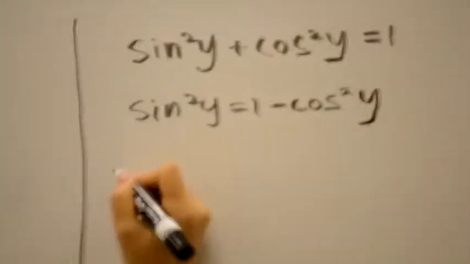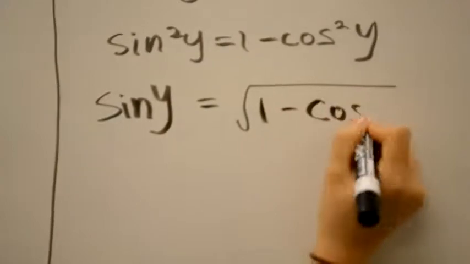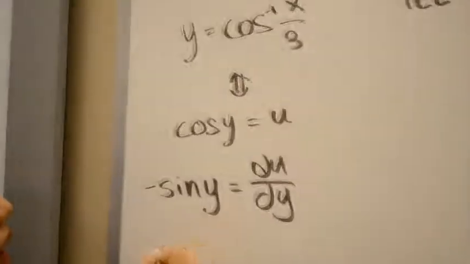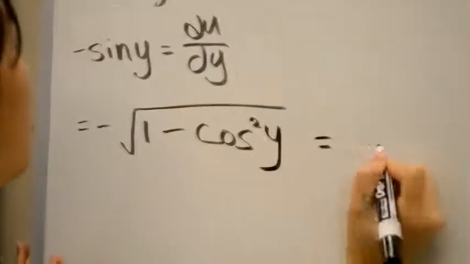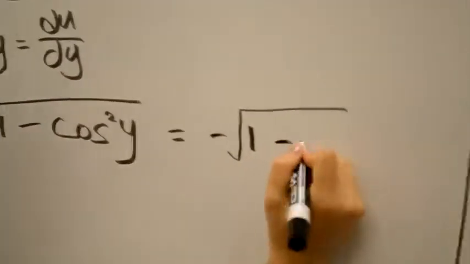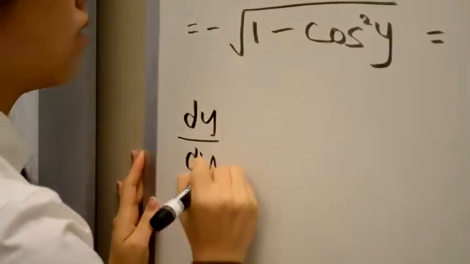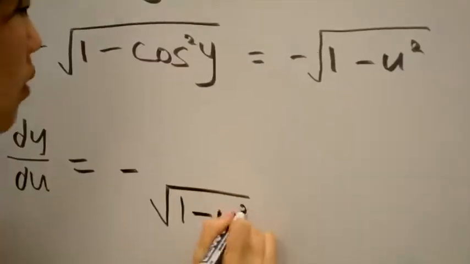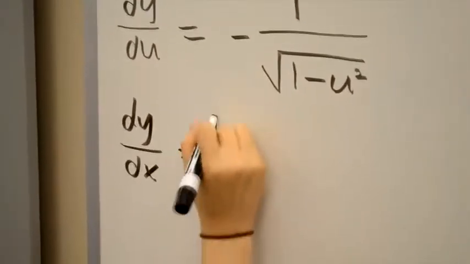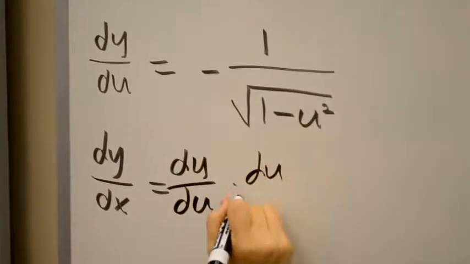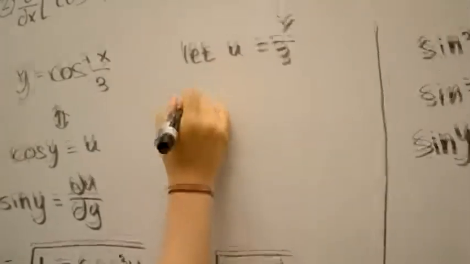And now we're going to use inverse trigonometric identities again. And that gives us that. So we can substitute that into the equation. And since we know that cosine y is u, we can say that it's negative the root of 1 minus u squared, the same thing as what we did when we were proving.